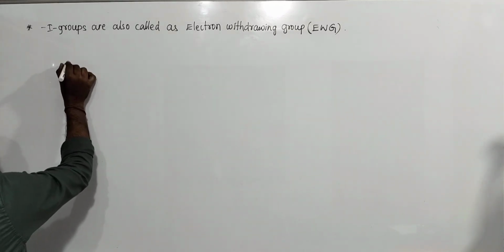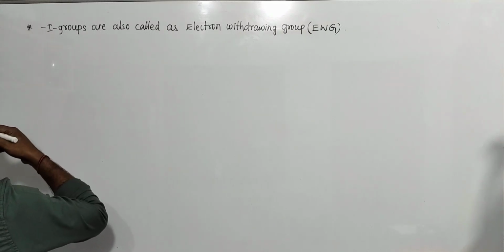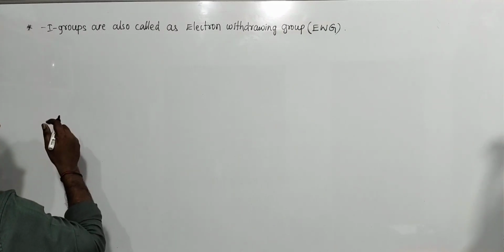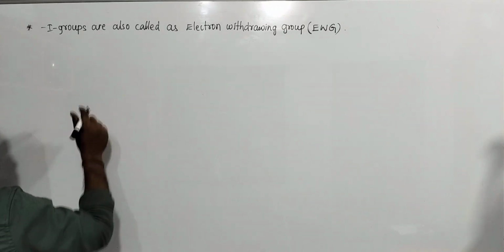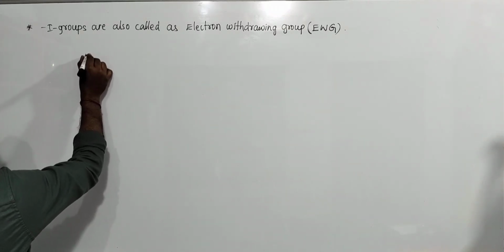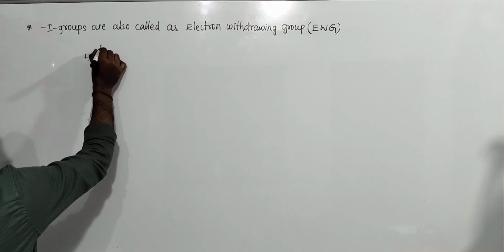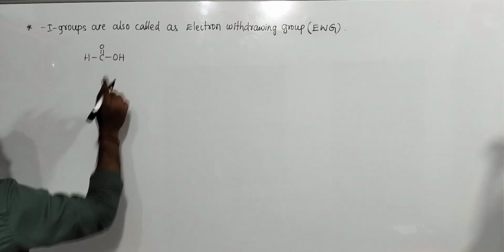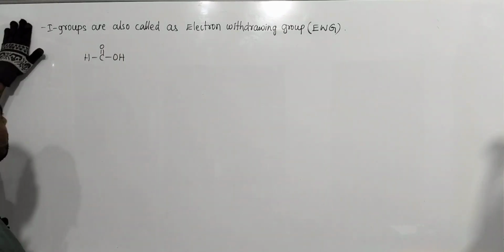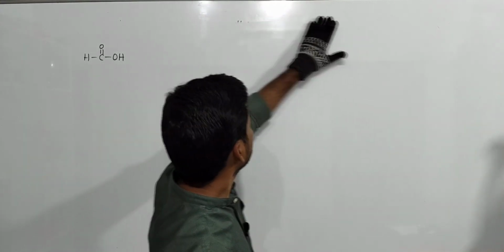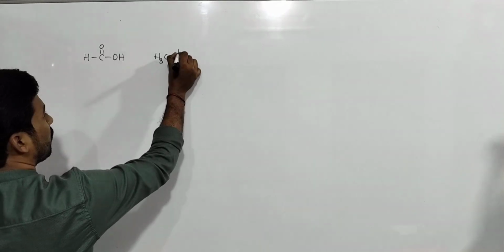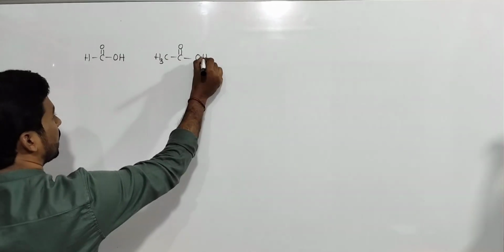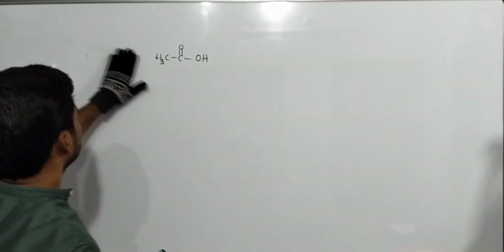Taking one more example. If I write formic acid, this point I will write later. Okay, formic acid and acetic acid. Between formic acid and acetic acid, the electron withdrawing group increases.